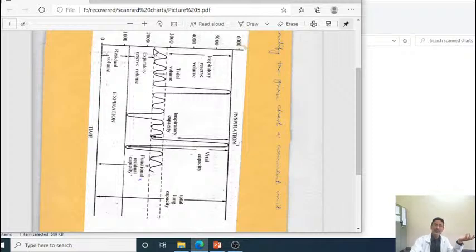See, from here to here is the expiratory reserve volume, and it is somewhere around 1.9 liters to 2 liters. So the expiratory reserve volume is the volume of air that a person can expire on deep expiration after the tidal volume or after the normal breathing. So this is around 1.9 liters.